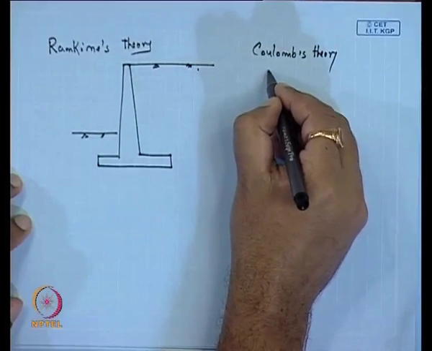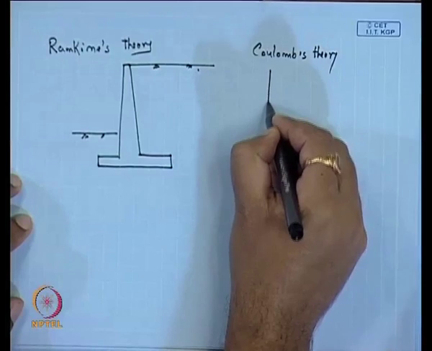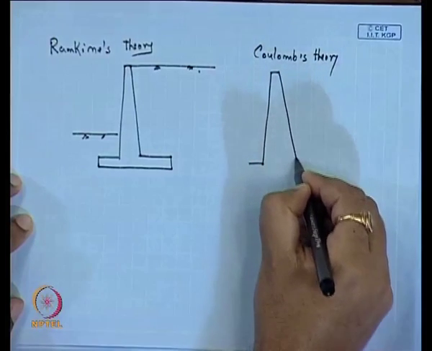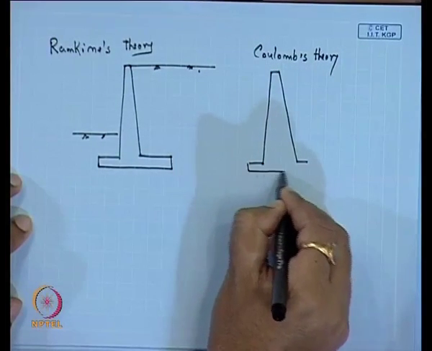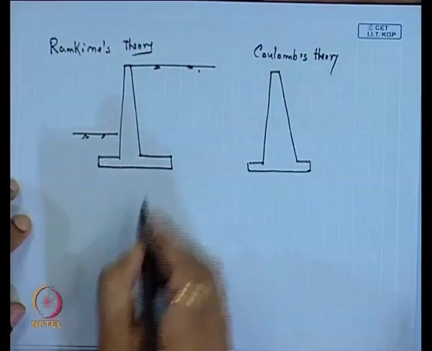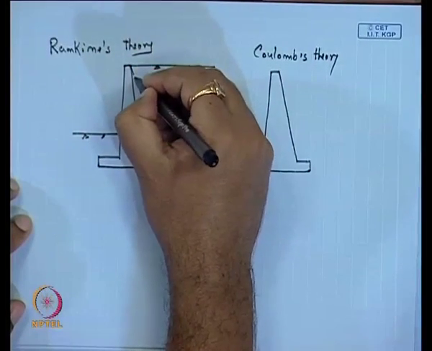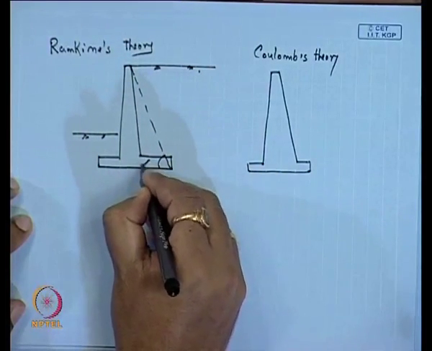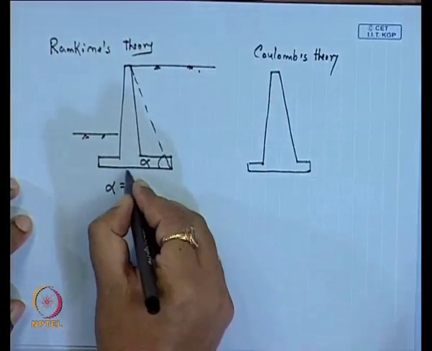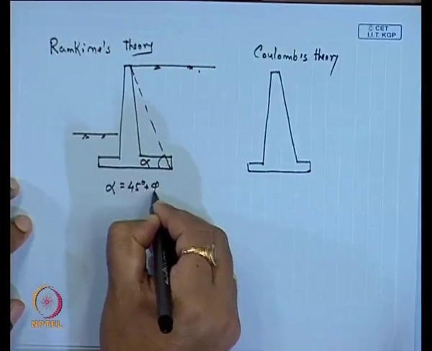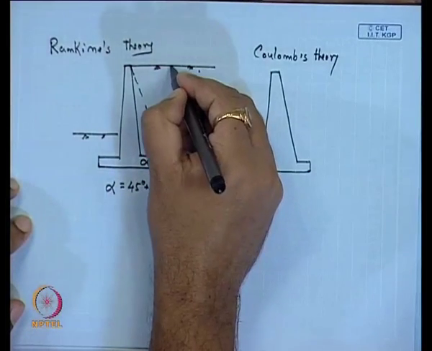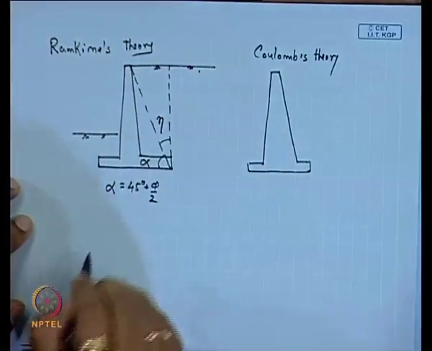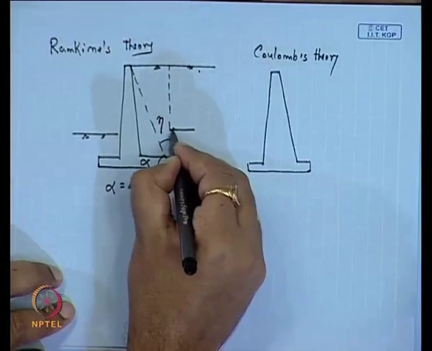The same retaining wall I consider for the Coulomb's theory. For the different forces that you have to consider, again if I join this point, this is alpha. Here, as I is equal to 0, alpha will be 45 degree plus phi by 2, and then this angle. So, now this P A will act here.